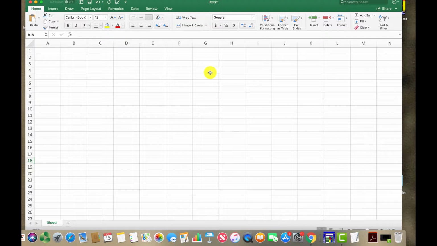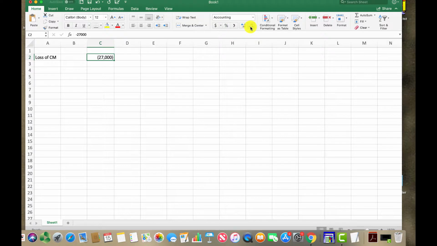So the first thing we're going to do is type in our loss of contribution margin, which I'm going to abbreviate as CM. If we look in our book, we see that the contribution margin is $27,000. So that is exactly what we're losing. We're giving up $27,000 in contribution margin if we decide to drop this product line.